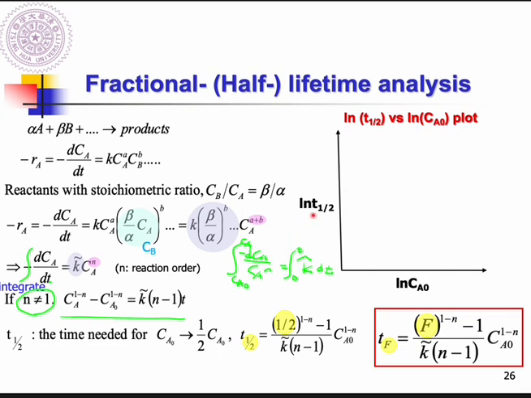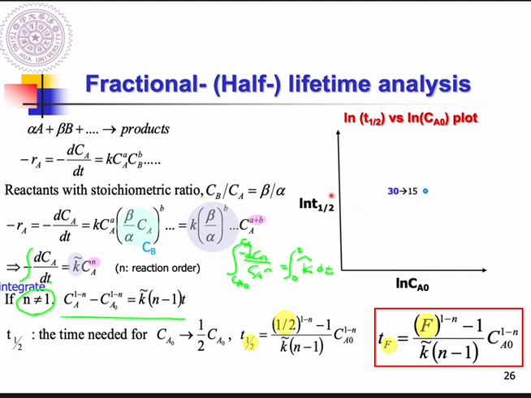As I mentioned, I draw the log t 1/2 versus log Ca0, and let's try to input the data. Based on the previous one, the concentration dropped from 30 to 15.